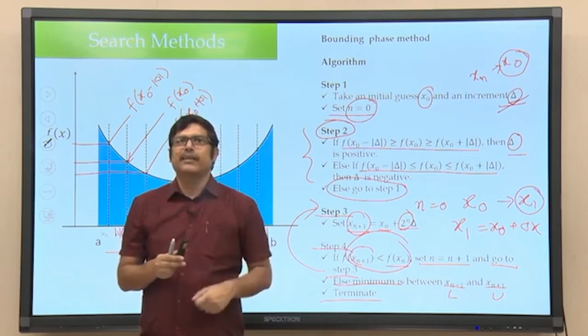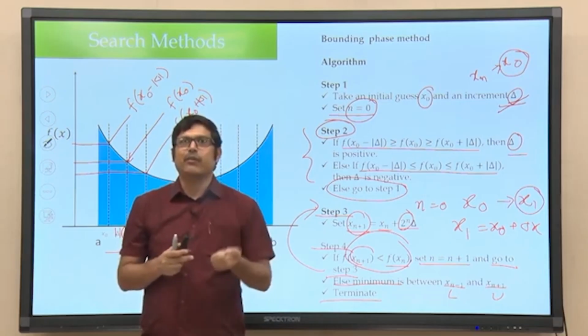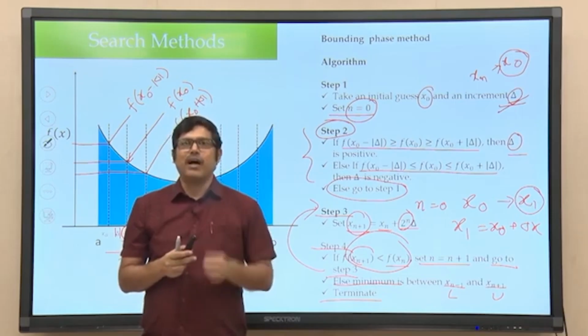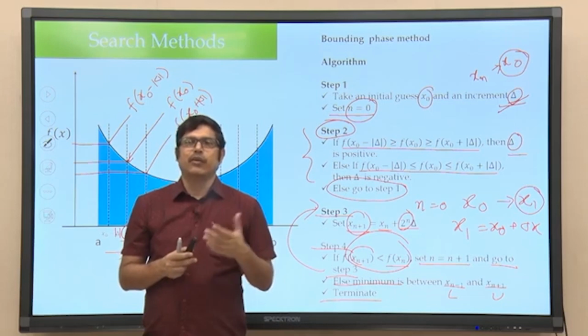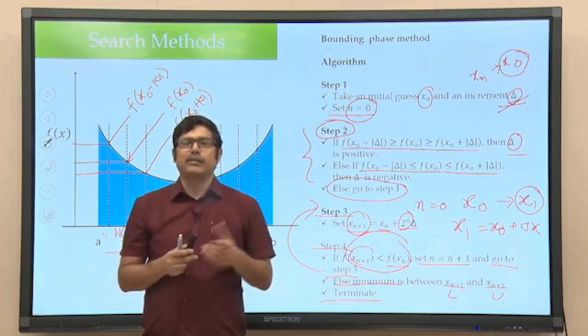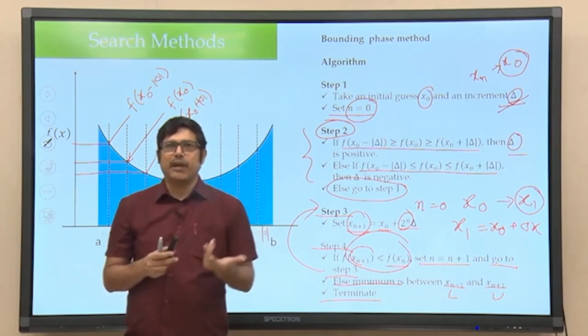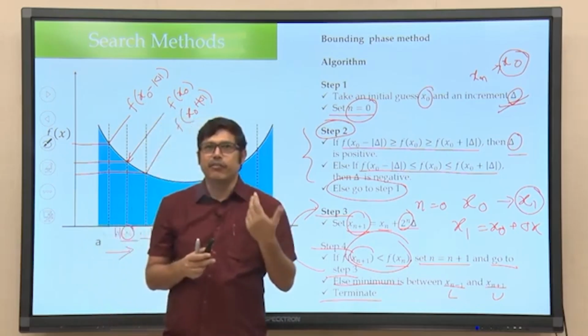Whenever I say the exact optimal solution, you may not get it exactly, because you have to rely on some precision. Suppose I need a value that is precise enough, say 10 to the power minus 3, 10 to the power minus 6, 10 to the power minus 15.